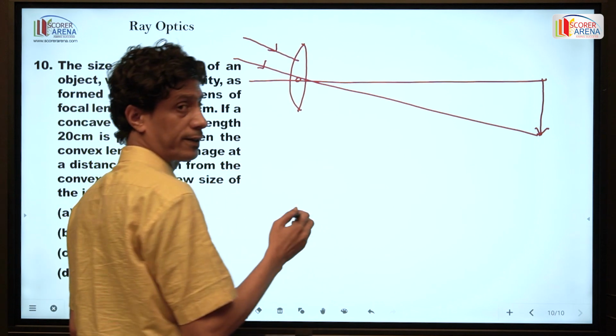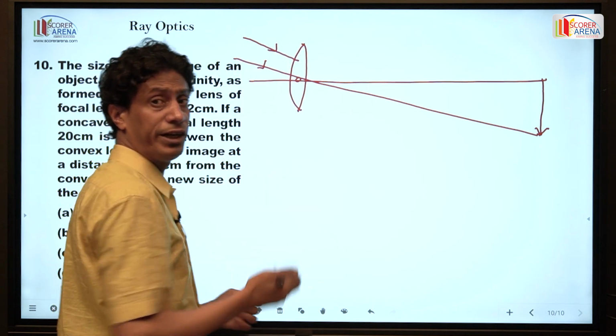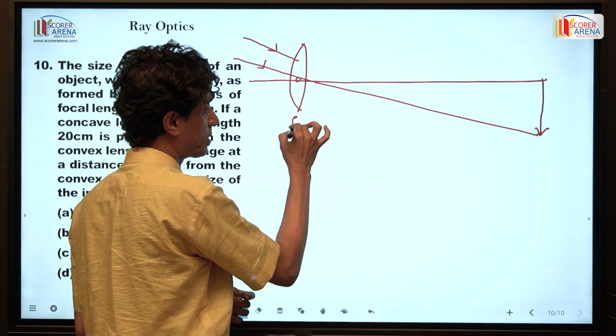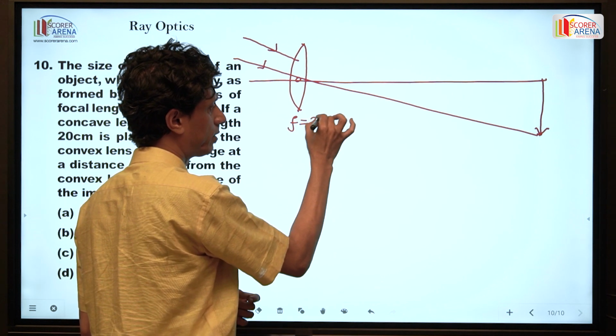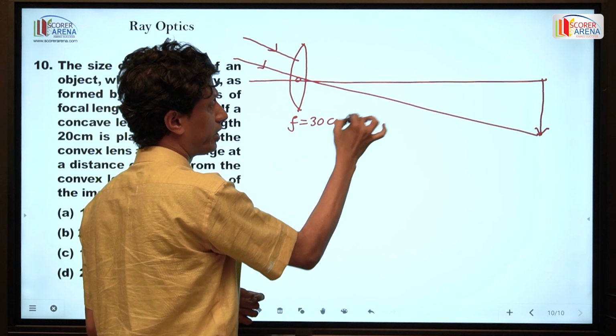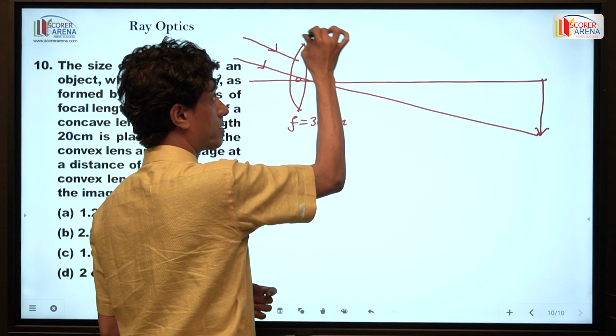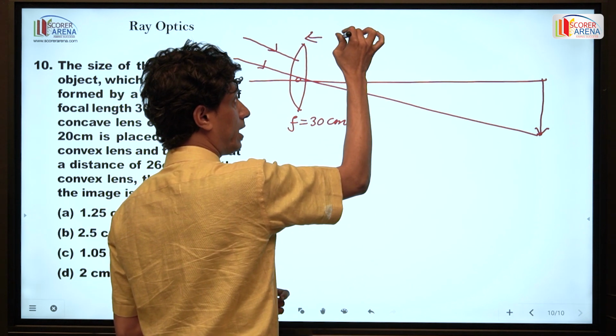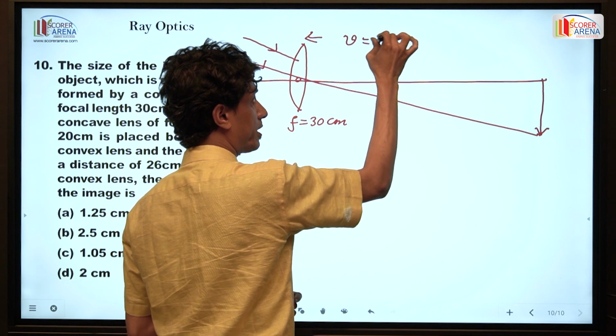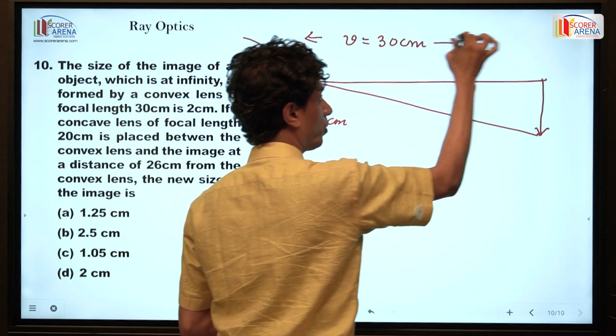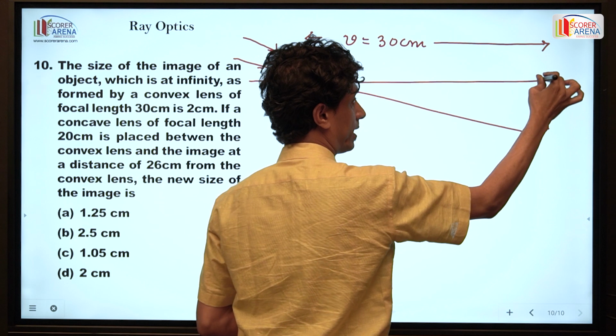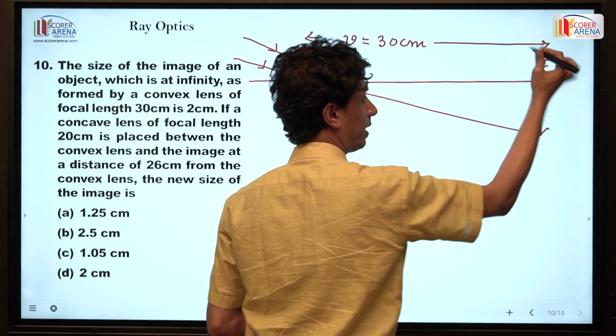Since the object is at infinity and the focal length of this lens is 30 cm, the real image is formed at a distance 30 cm from the lens, that is at the focus point of the lens.